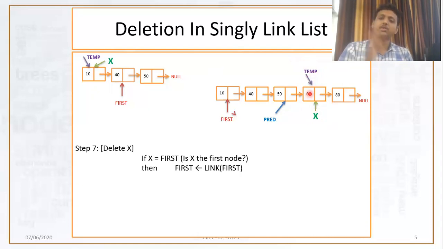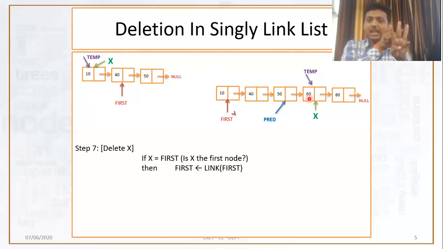So one question coming to your mind is, why do we take pred? You still didn't answer. Okay, so here is the answer. You just check it out. Suppose students, if I want to remove this node, after removing this node, which two nodes are connecting each other? See, this is 50, this is 60, this is 80.